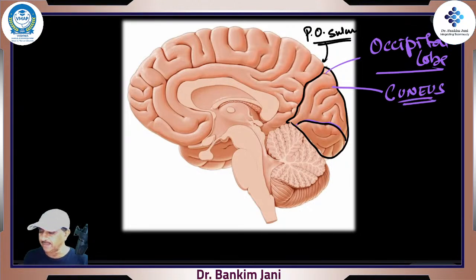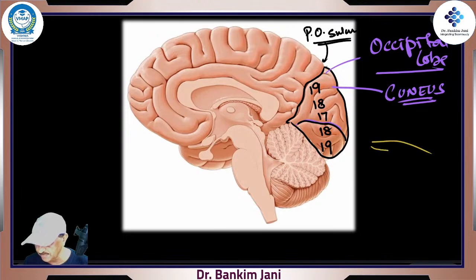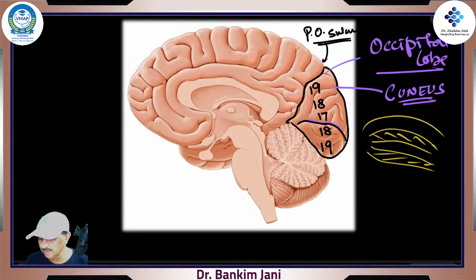Now this entire area has very classically arranged Brodmann areas. You have to write it like this: 17 near the calcarine sulcus, then on both sides 18, and on both sides 19. The reason is the cellular architecture: one type of cells will be over here, then another type like this, and then another like this.